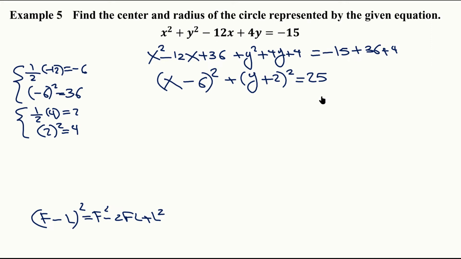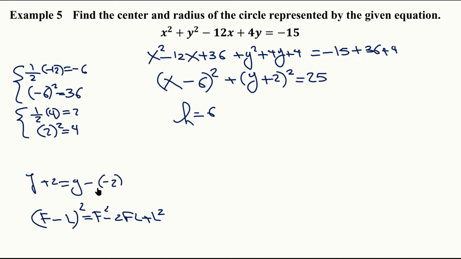So we can obtain the center now. Remember, whatever comes after the minus sign here is going to be h. And whatever would come after a minus sign here would be k. Since it's y plus 2, remember, you can think of y plus 2 as y minus -2.